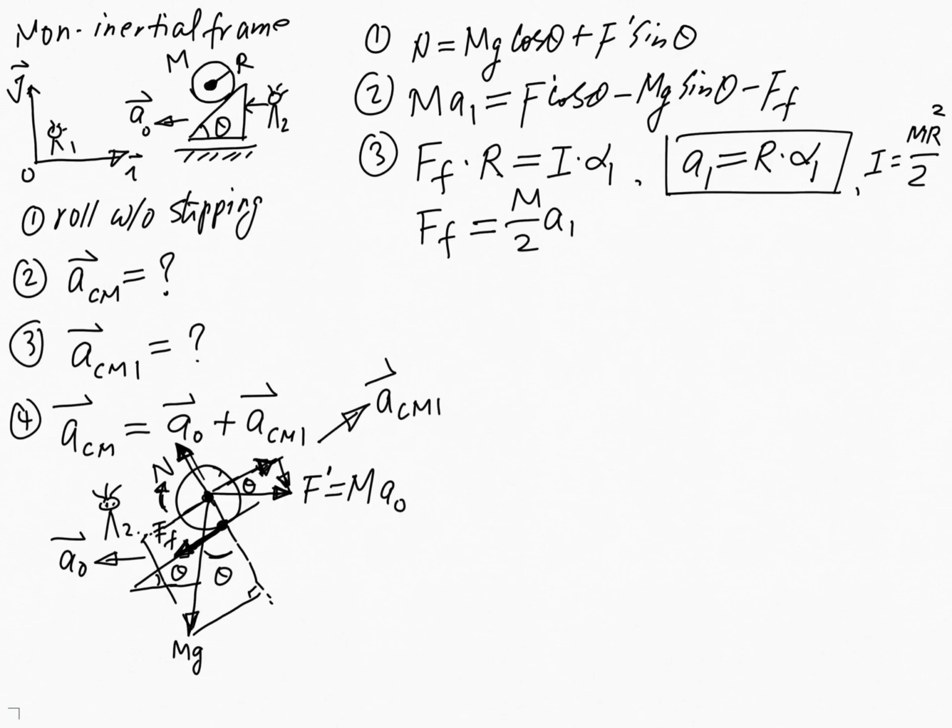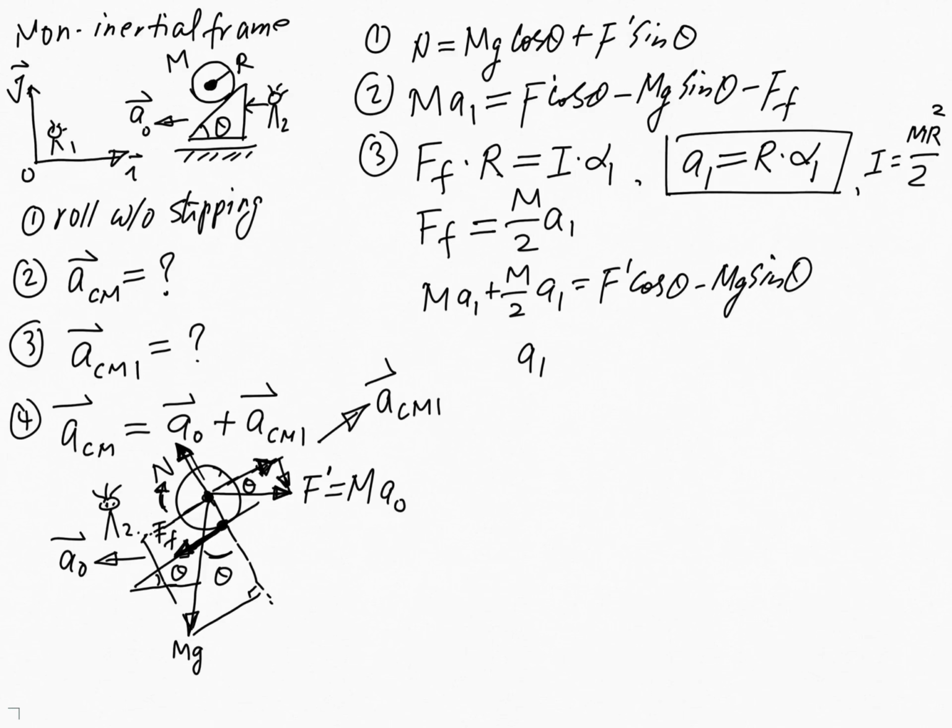Then we plug this into equation 2. Then we get m a1 plus m a1 over 2 equal to F prime cosine theta minus mg sine theta.